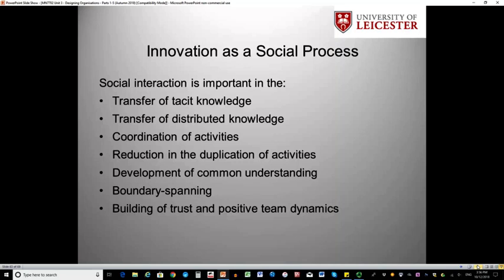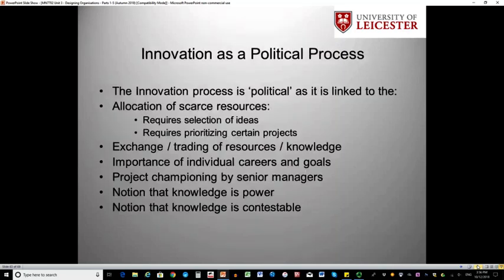So when we're thinking about projects and project management and the stage model, we can't forget that alongside that project management and project managing the stages and activities, we need to think about the social process that runs alongside that and in alliance with that, and sometimes in conflict with that.